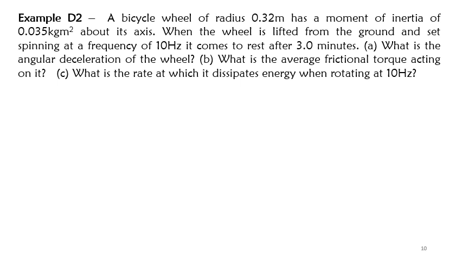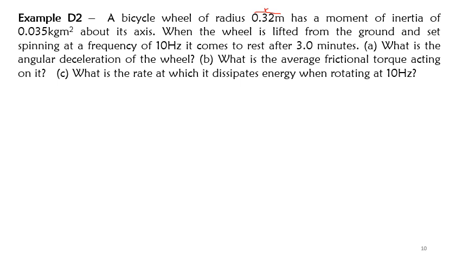Another example: a bicycle wheel of radius 0.32 meter has a moment of inertia of 0.035 kilogram meter squared about its axis.